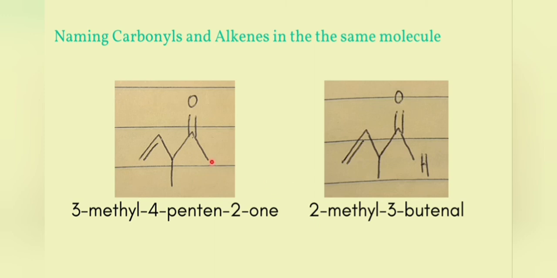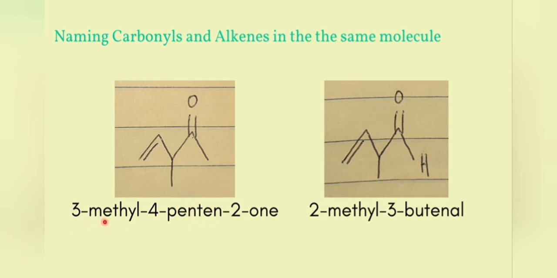Since in the right side, this is nearest to the ketone group, this is where we would start the counting instead of this one. So 3-methyl-4-pentene 2-one. So 1, 2, 3, 4, 5. There are 5 carbons in the parent compound. So pentene. Because of the presence of double bond, there is pentene.